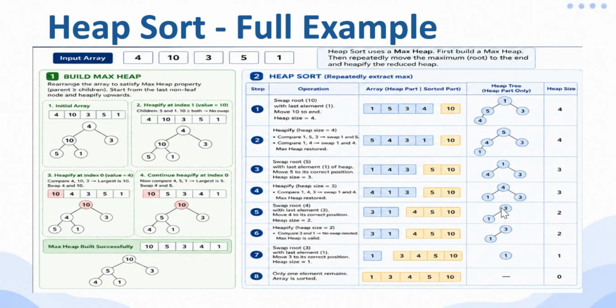So we have 3 here. After that we have only one element remaining in the heap. The algorithm stops, so the final sorted array becomes 1, 3, 4, 5 and 10.